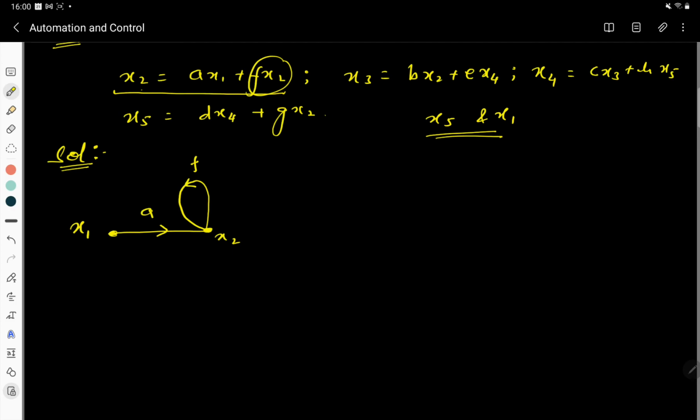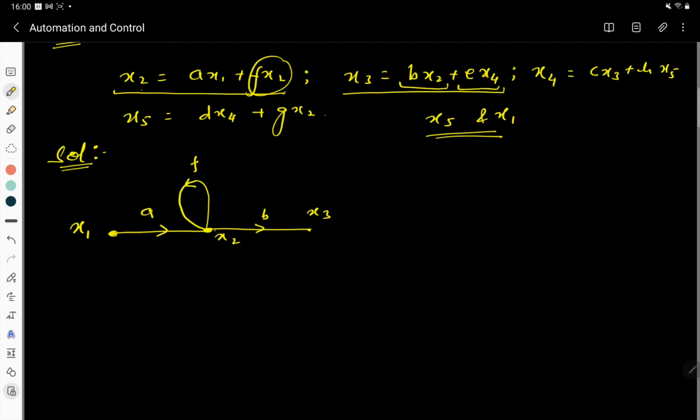Now let's move further. x3 is equal to bx2 plus ex4. This must be node x3. x2 is coming from here, so b must be the gain over here.